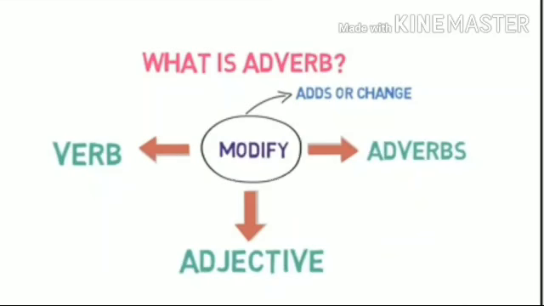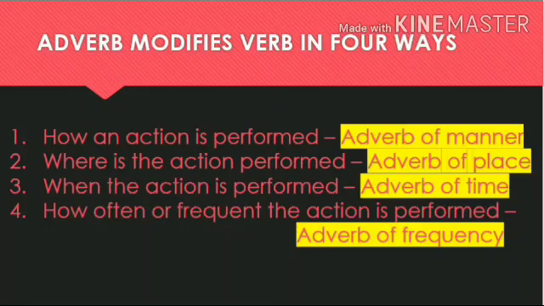They are further divided into four types: adverb of manner, which describes how an action happens; adverb of place, which describes where an action happened or occurred; adverb of time, which describes when an action happened; and adverb of frequency, that describes how often the action took place or how often the action takes place. We then discussed adverbs that describe adjectives and another adverb.